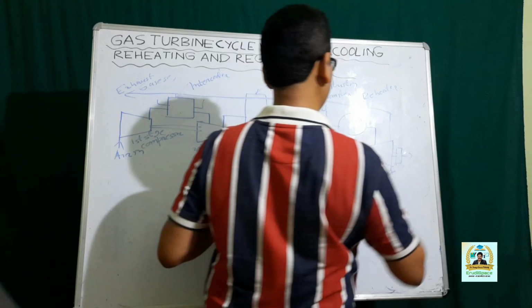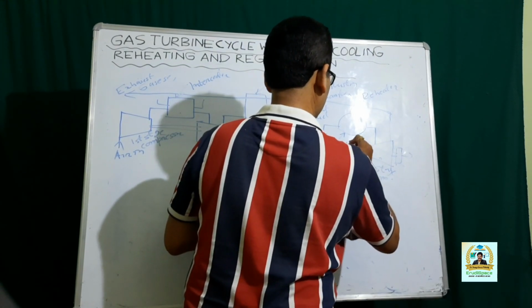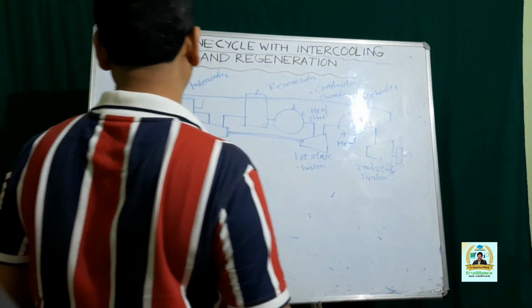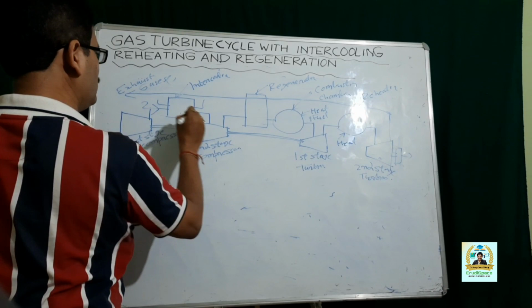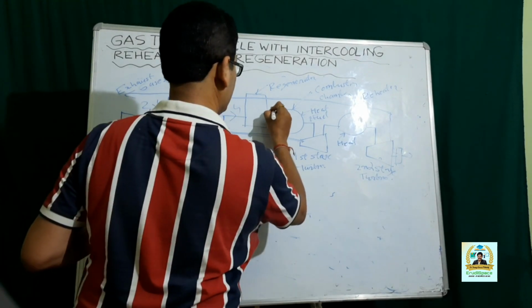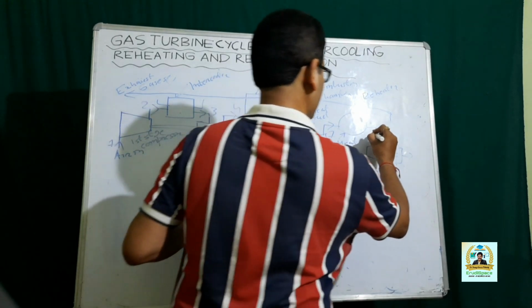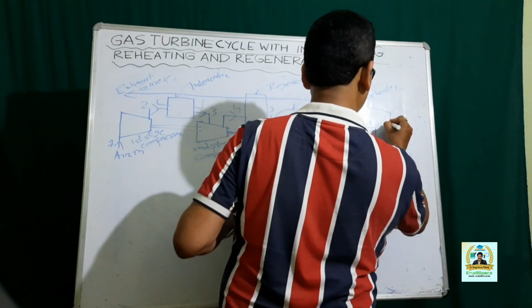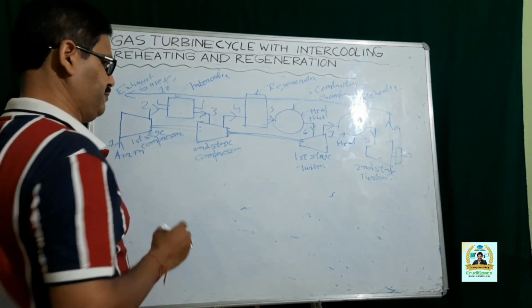This is also known as your reheated combustion chamber. Here also heat is added. This is 1, this is 2, this is 3, this is 4, this is 5, this is 6, this is 7, this is 8, this is 9, and this one is your 10.